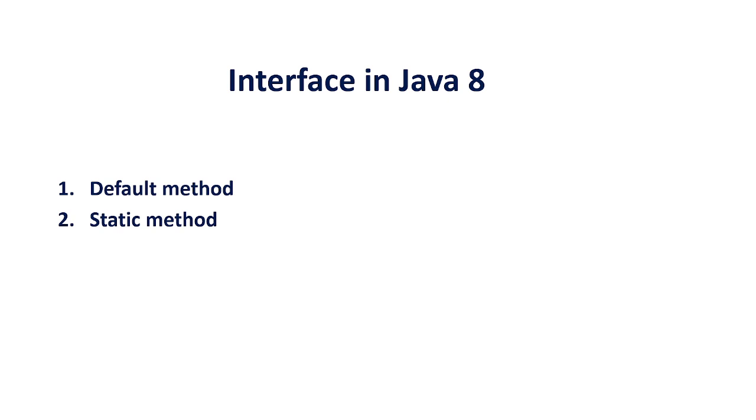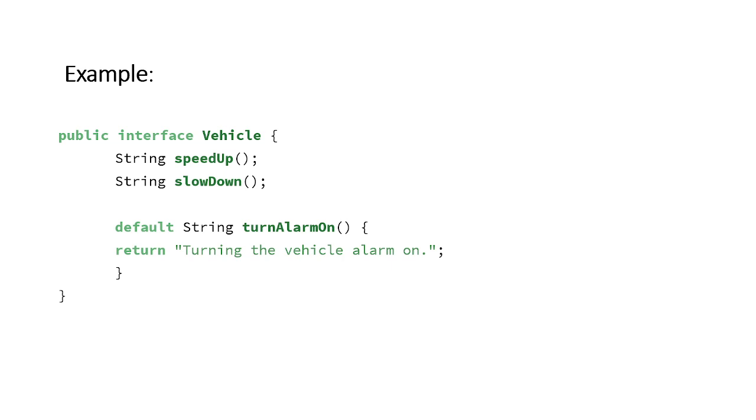Let's understand what a default method is. You see this is the interface, and the interface name is Vehicle. Here we have three methods: speedUp, slowDown, and turnAlarmOn. This turnAlarmOn has a body, so it is a concrete method. This is actually a default method, and we have to use the default keyword.